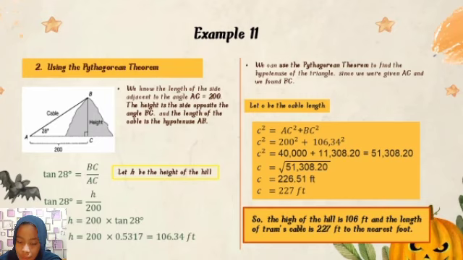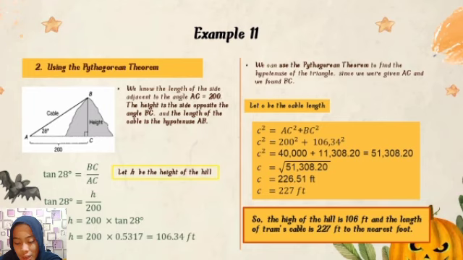So tangent 28 degrees equals BC over AC. Tangent 28 degrees equals h over 200. So h equals 200 times tangent 28 degrees.